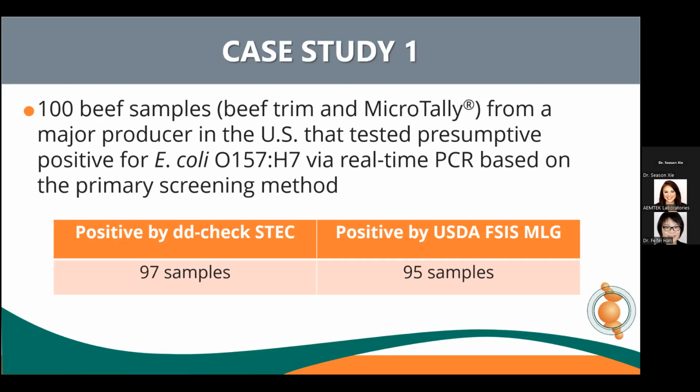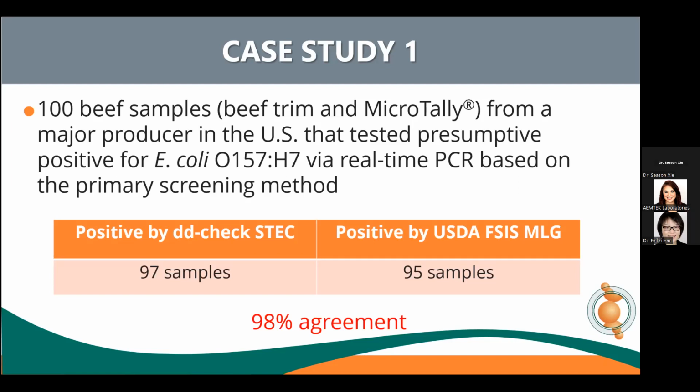The results of the comparison were as follows. ddCheck STEC confirmed 97 out of 100 samples as positive for E. coli O157:H7. USDA MLG confirmed 95 out of 100 samples as positive for E. coli O157:H7.